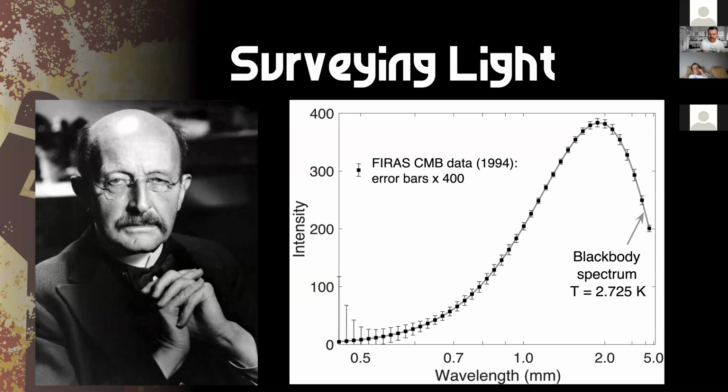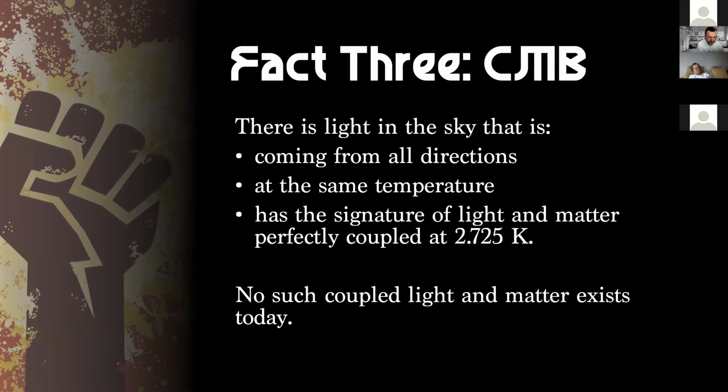So what do we take away from this, right? The CMB, the cosmic microwave background radiation, is light coming from all over the sky. It is at this particular temperature, and that temperature is of light and matter perfectly coupled together at a temperature of 2.725 Kelvin.